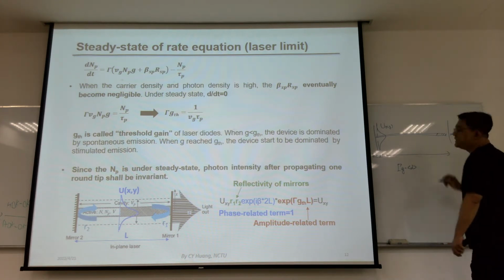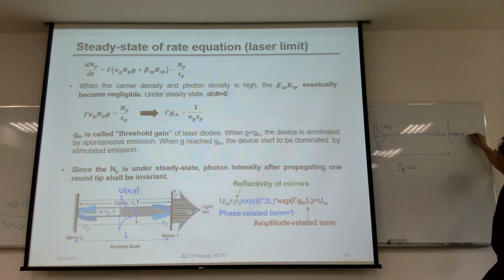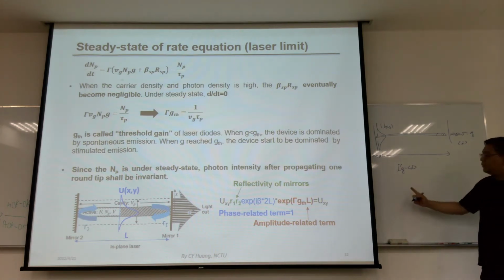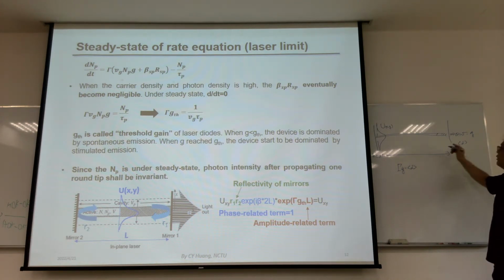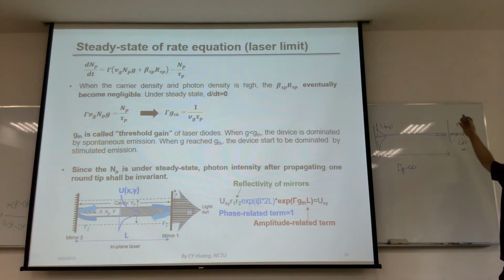This is the quantum well, and it has gain. But the other part might have loss because of scattering or free carrier absorption. So on average, the net gain will be gamma g, but the absorption will be the average loss, because there will probably be alpha 1, alpha 2, every layer has a different alpha.